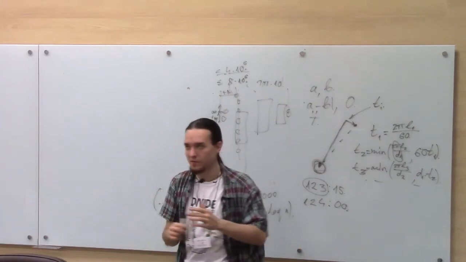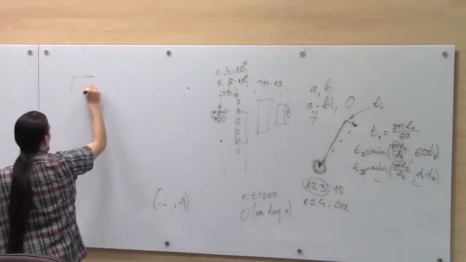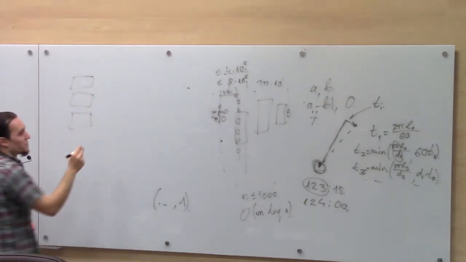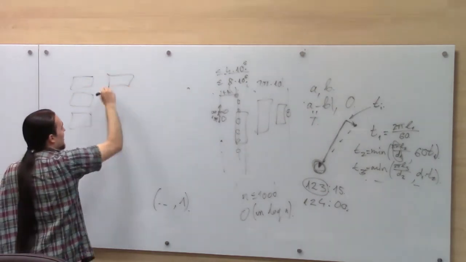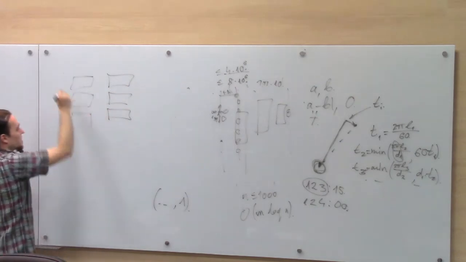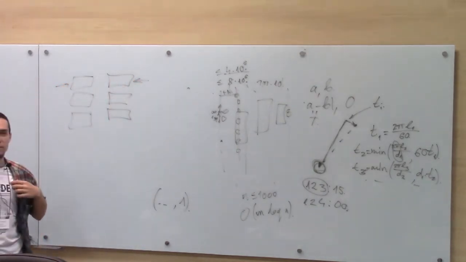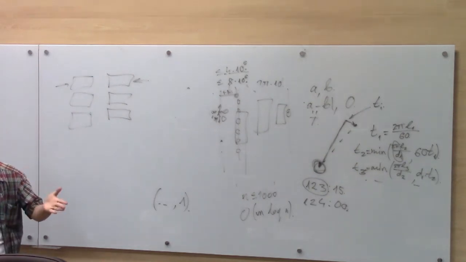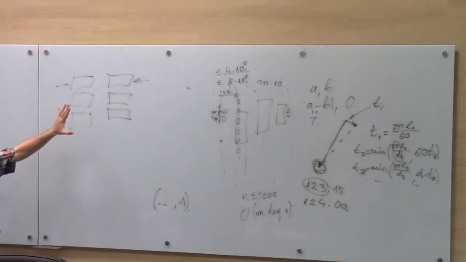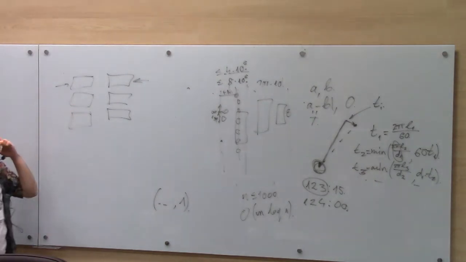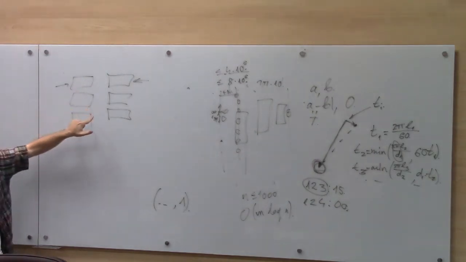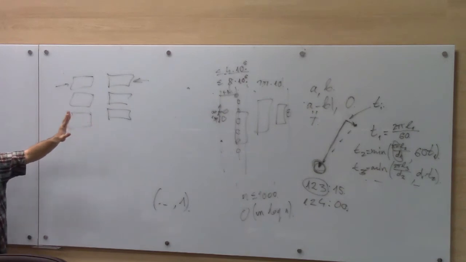For example, if you have instruction 1, instruction 2, instruction 3 for a first processor, and some instructions for the second processor, and they are performing them from the top, it could be that one processor is for some reason faster or slower than the other. We can't exactly predict that. It could have some other stuff to do. So we are going to assume that our operations are performed in arbitrary order.